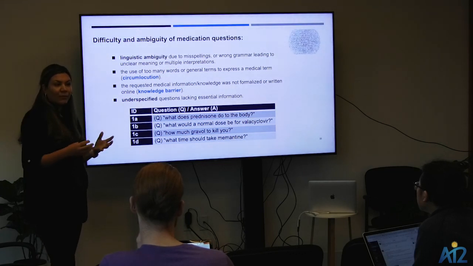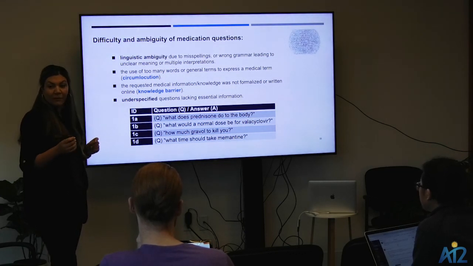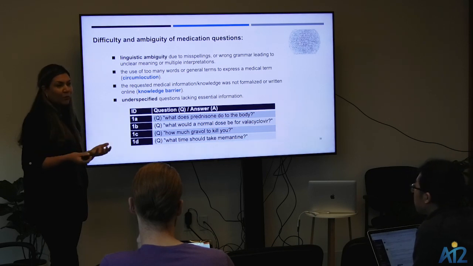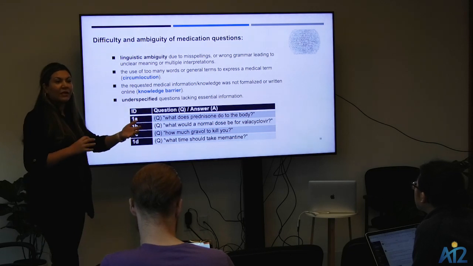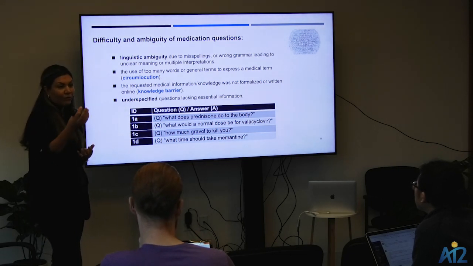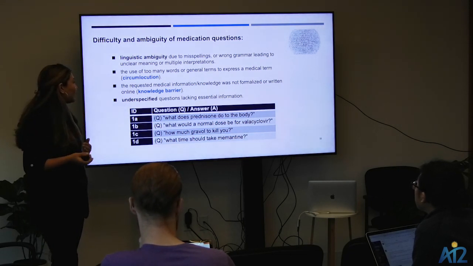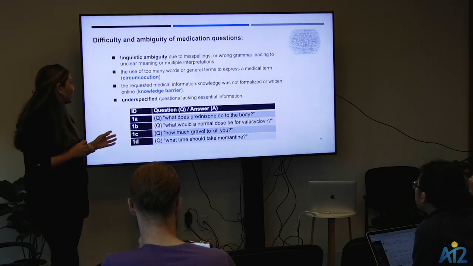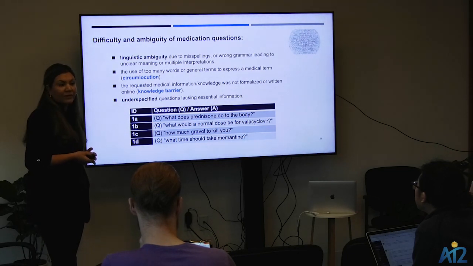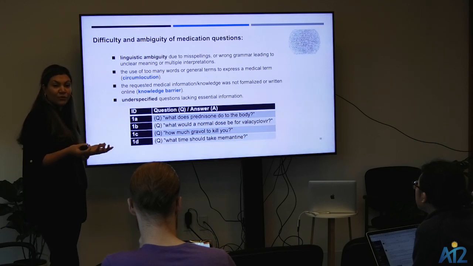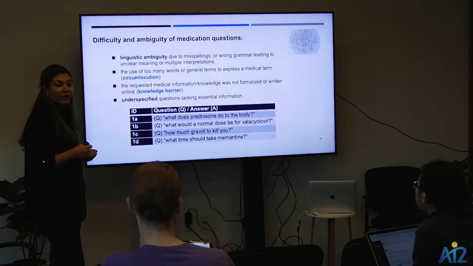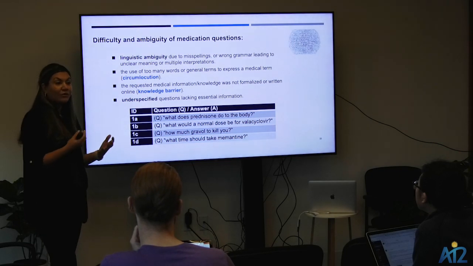It could be a question about the usage of a specific medication that we didn't find, and it's not written anywhere that we can take this medication with or without food, for example, or in the morning or in the evening. And the third problem is under-specified questions, and this is the case of asking, for example, about the right dose of a medication without giving information about the patient or the condition.